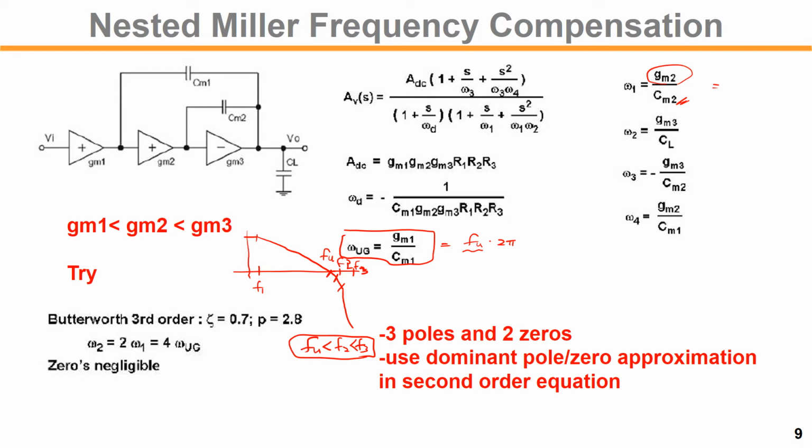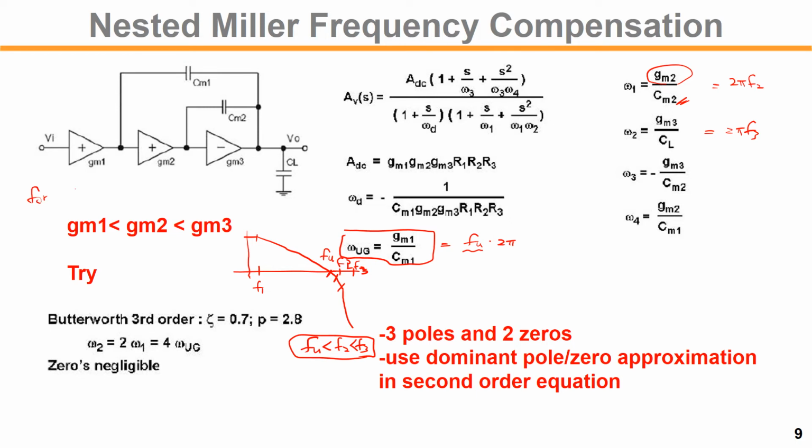So in this notation, this is 2 pi F2, and this is 2 pi F3.